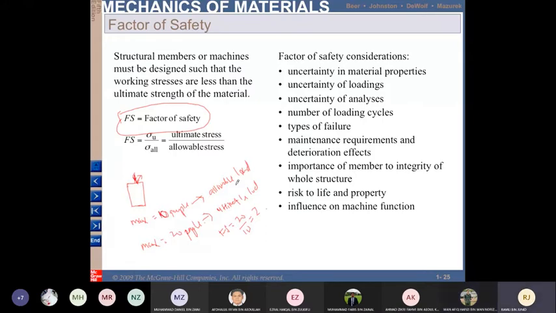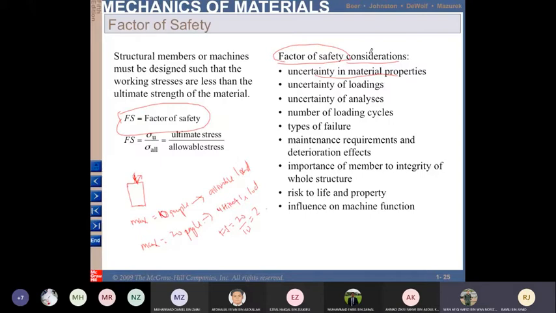So we put this tolerance. Why factor of safety? Why should it be considered? Because the material properties are uncertain. Even though we know the material has its own properties, it is still subjected to the environment.